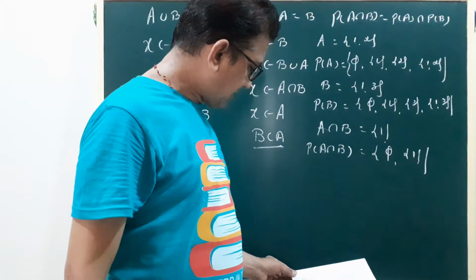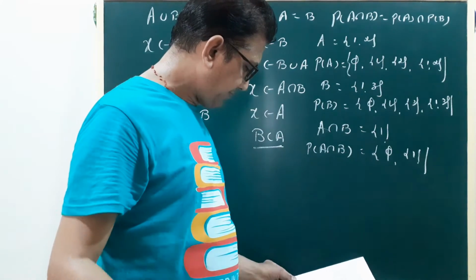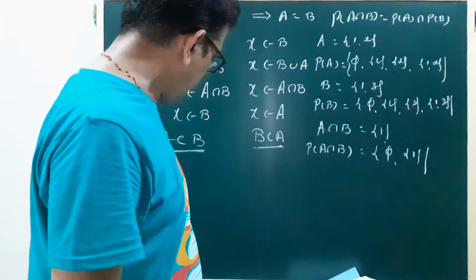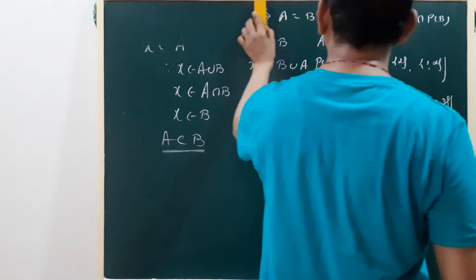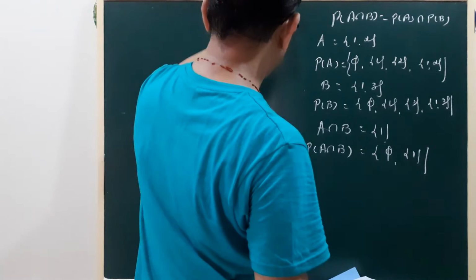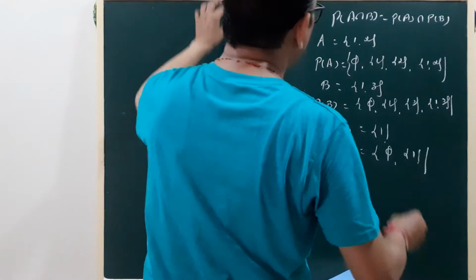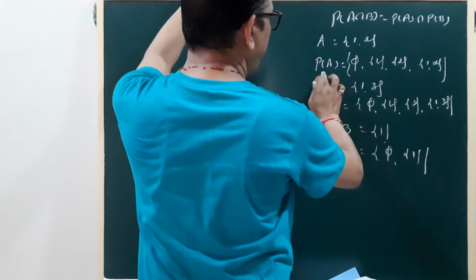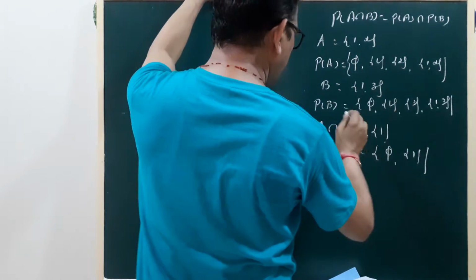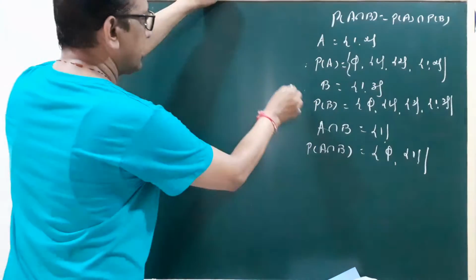First we take question 7, the union sum. Look, question number 7. A equal to {1, 2}, and B is {1, 3}.